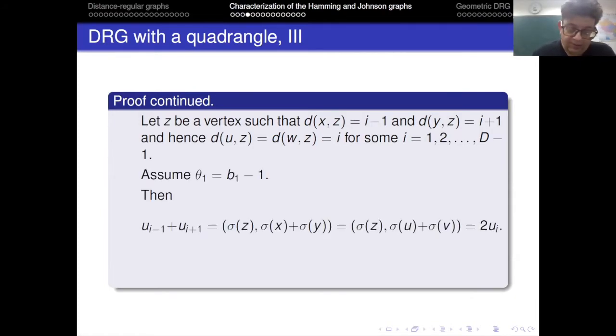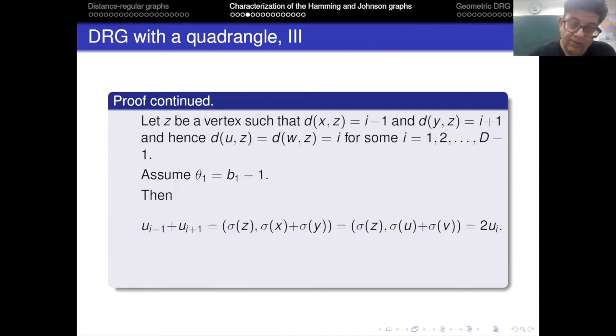Assume that θ1 is b1 minus 1. So then we look at the following formula. We know that u(i-1) plus u(i+1) is the inner product of sigma z with sigma x plus sigma y. But because θ1 is b1 minus 1, we know that sigma u plus sigma w is equal to sigma x plus sigma y.